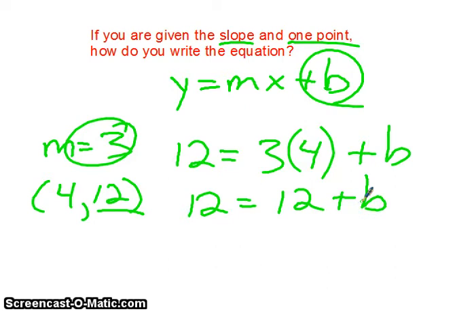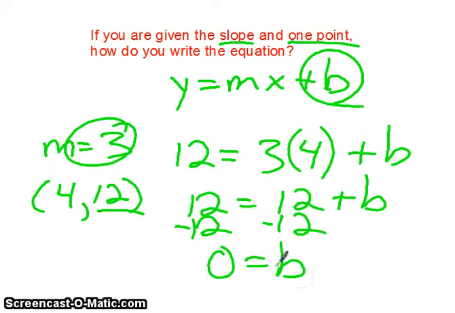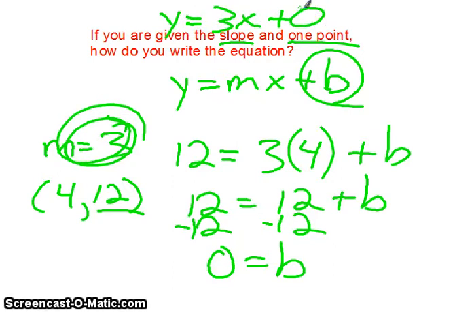And from our knowledge of two-step equations, we're just going to subtract 12 from both sides and find out that our b, our y-intercept, equals 0. So the form of this equation would actually be y equals 3x plus 0, but we don't have to add 0 to anything. So the equation for this line would be y equals 3x.